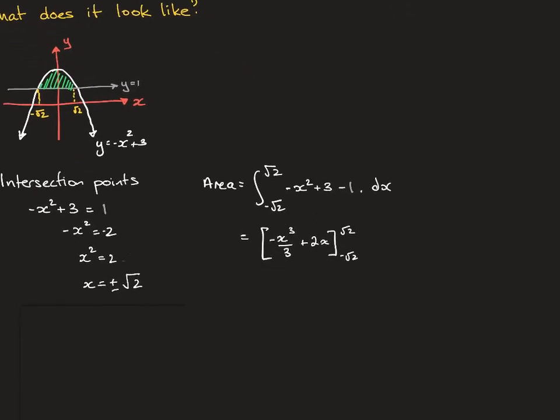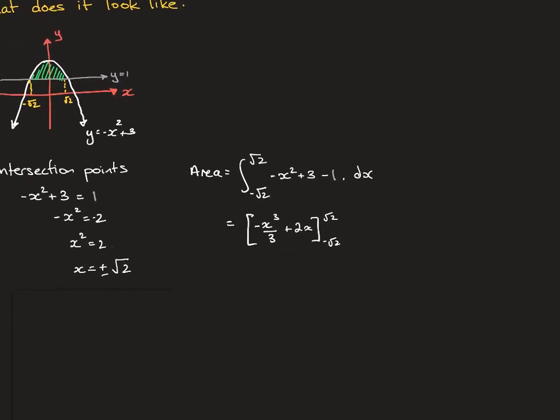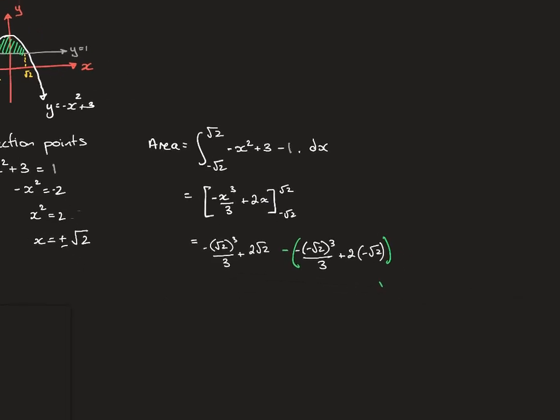So let's go ahead and do that. And what you get looks like that. We've got negative, and then the x, which is our square root of 2 cubed. When we substitute in our negative root 2, we've got a negative, and then we're substituting in our negative root 2, making sure that we watch out for those positives and negatives as we go.